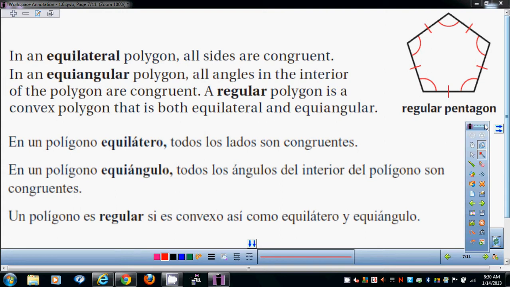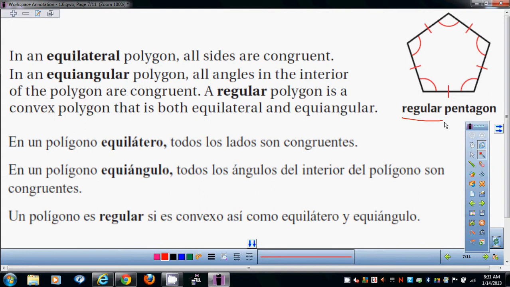It means in that polygon, every angle is equal. And if equiangular means angles, what do you think equilateral means? All the sides are congruent, that's right. And if both are the case, like in our picture here, if it's both equilateral and equiangular, then we call it regular.